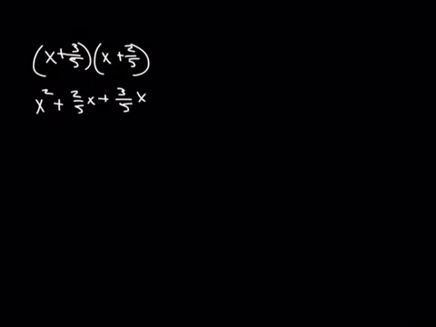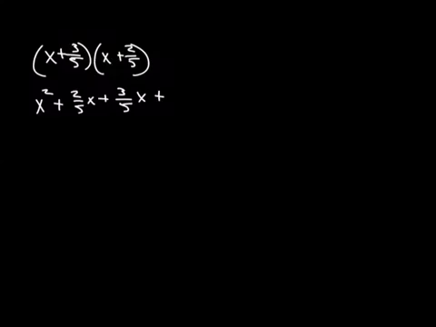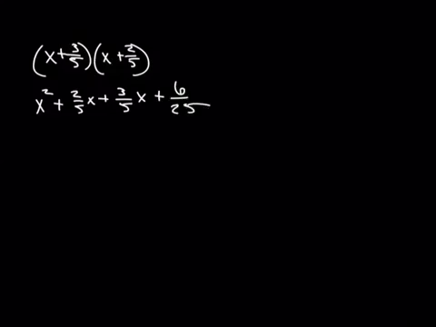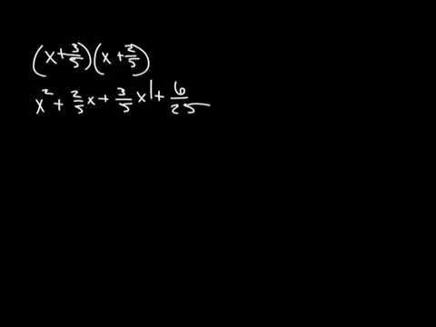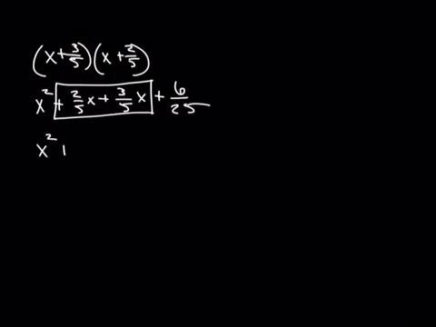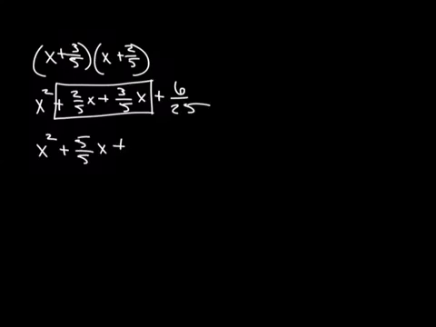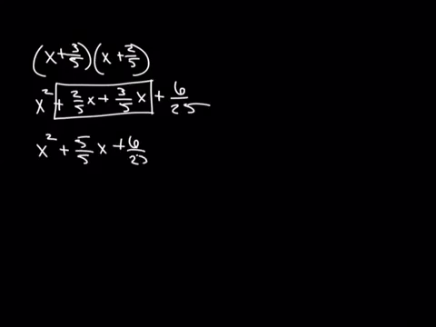And then we're going to do the last. 3/5 times 2/5. 3 times 2 is 6. 5 times 5 is 25. Okay, so the only things that we can combine are those. 5 over 5 is 1, so we can just write it as x squared plus x plus 6 over 25.